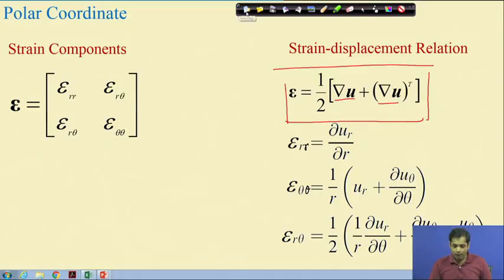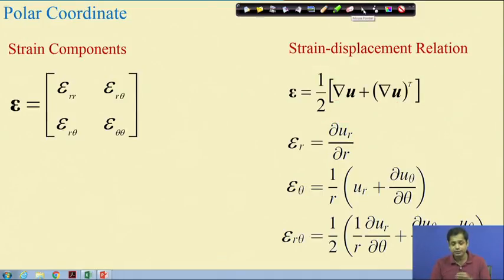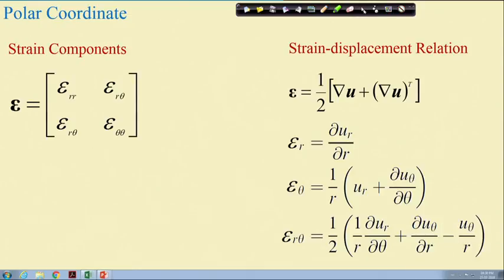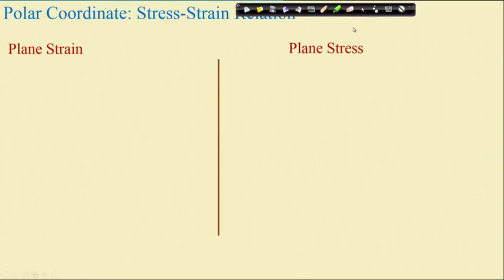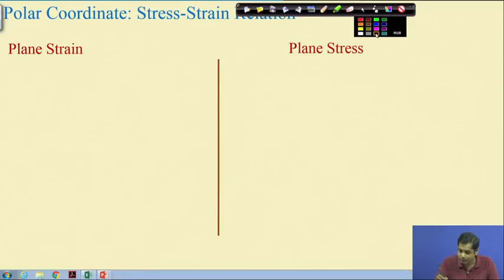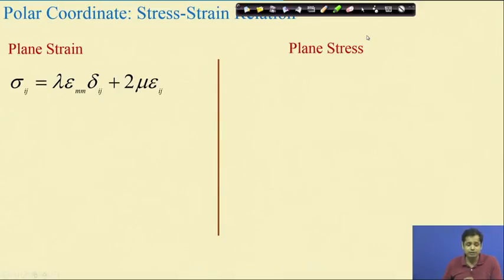Now, we have the stress components, we have the strain components, and we also have the governing equations in polar coordinate system. Next, let us see what the stress strain relations are in the different formulations, plane strain and plane stress. If you recall, this is the relation between stress and strain. This is the expression for sigma ij, the stress component as a function of strain.